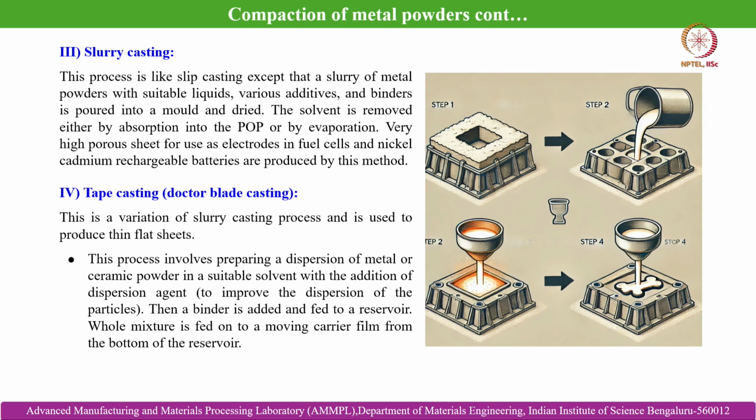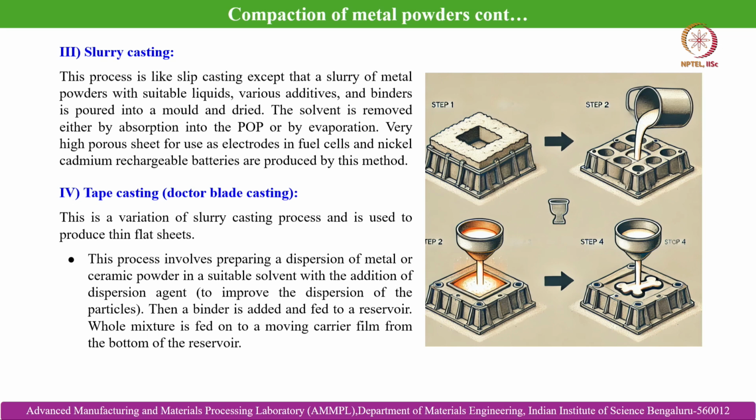Very highly porous sheets for use as electrodes in fuel cells and nickel cadmium rechargeable batteries are produced by this method. So, the major difference between slip casting and slurry casting is that in slip casting we deal with ceramic powders, and in slurry casting we deal with metallic powders. Otherwise, the process is pretty much the same.